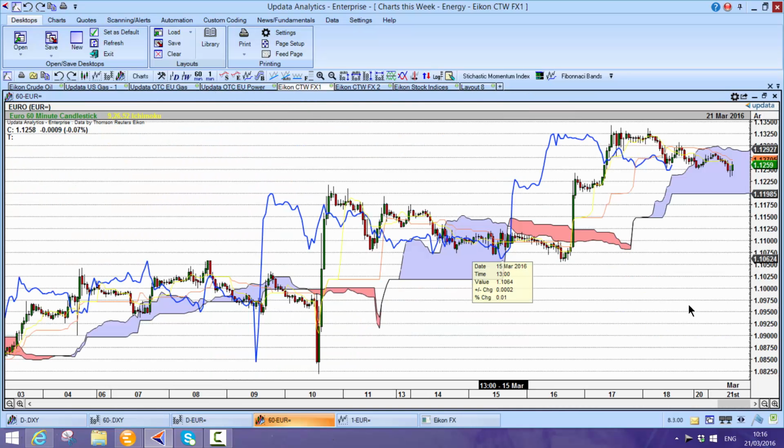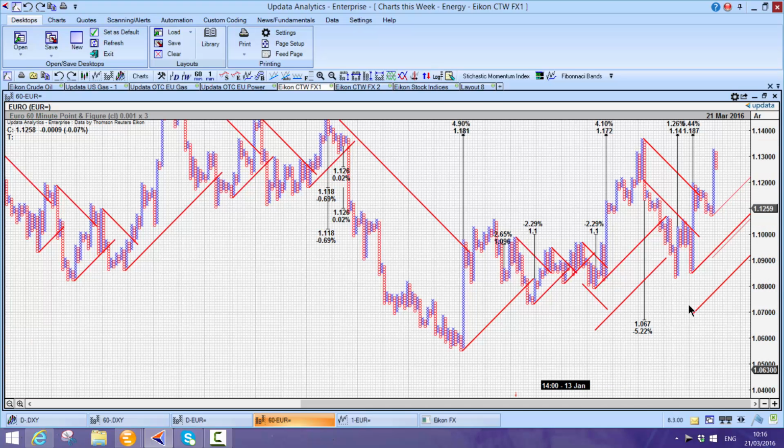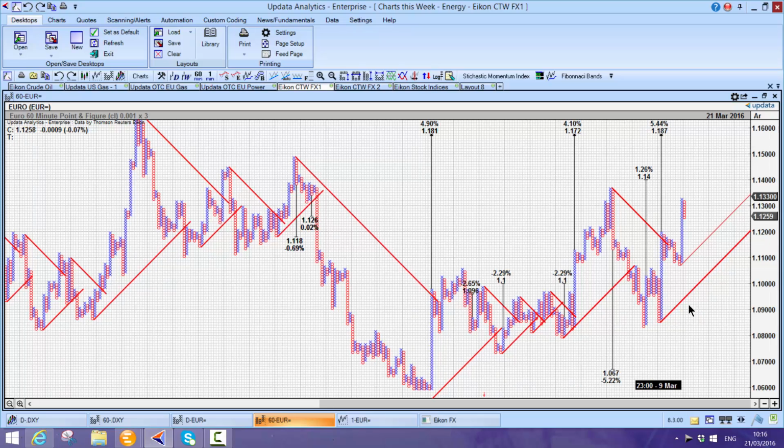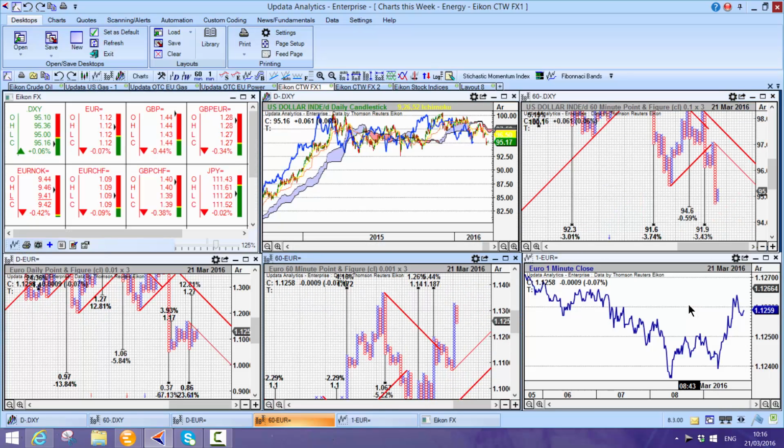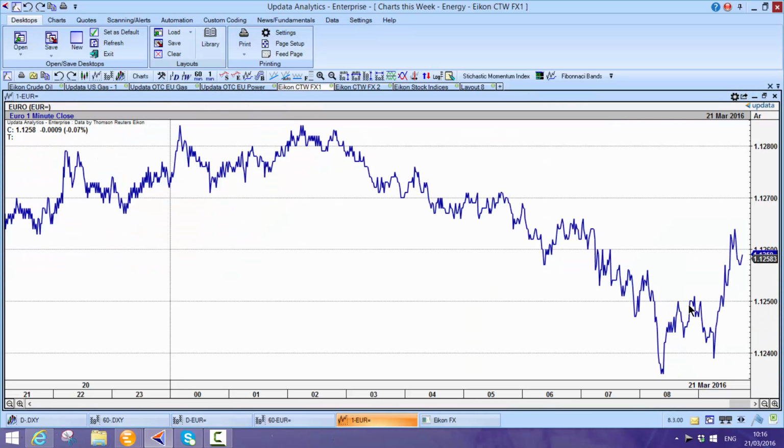On the shorter term basis, we see that we are above the cloud on the 60-minute chart. Shift T, and this is quite encouraging for the euro, targets to 114, 118, 117, 118. So at the moment, that looks like we might break out of that 115 to the upside. Long term still looks bearish, medium term looks pretty bullish, and short term looks very bullish.